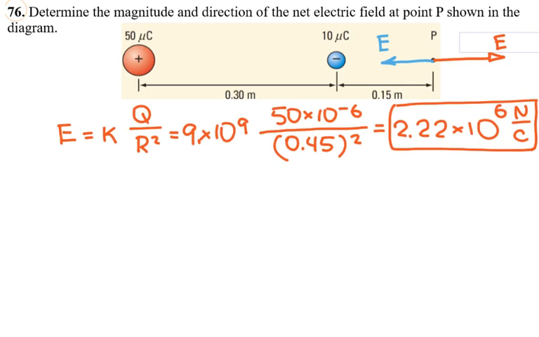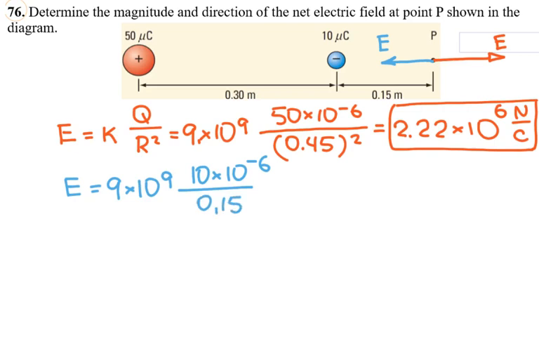And if I calculate the next one, I have the same K, which is 10^9. The charge of the negative charge is 10 micro, 10^-6. And the distance is 0.15 squared. So that will give me 4 × 10^6 newtons per coulomb.